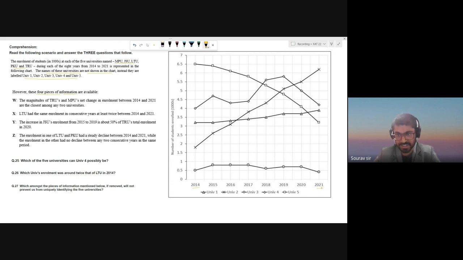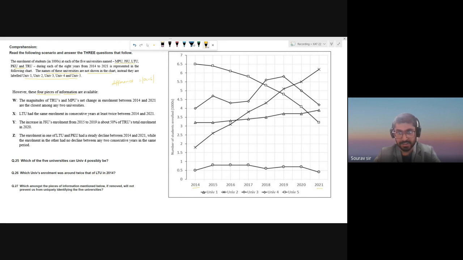So the net change means just the difference, right? I mean, you know this, right? Difference is modulus of A minus B. So net change will always be positive. Okay.